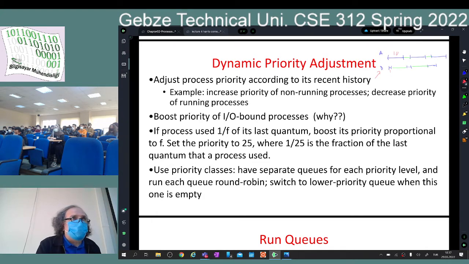Because 5 over 25 is very little time of it, so I would increase its priority by 5.